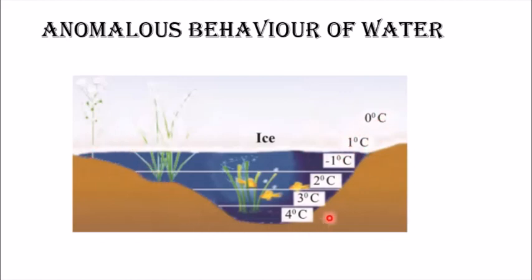But inside the water, ice is not formed, because ice is only formed on the topmost layer. And this is the reason why the fishes and all the other aquatic animals survive inside the water, that is inside, below the ice. The topmost layer is ice, and inside the normal water is there, in which the fishes and all the other animals survive. This is the anomalous behavior of water, because the water starts to expand at a particular temperature only.